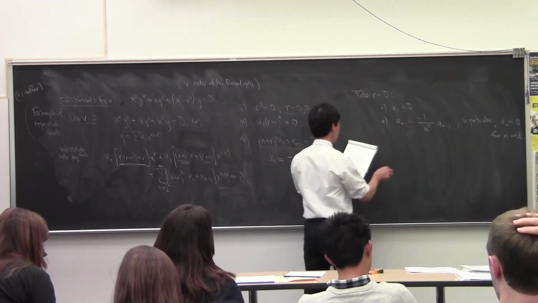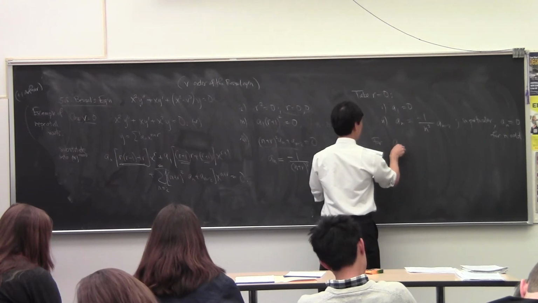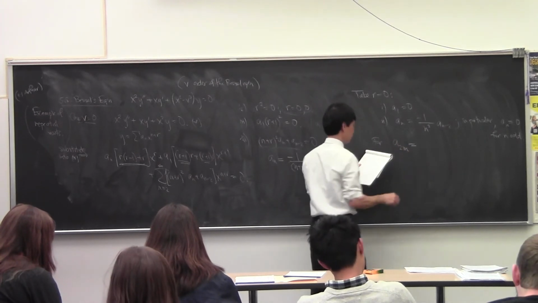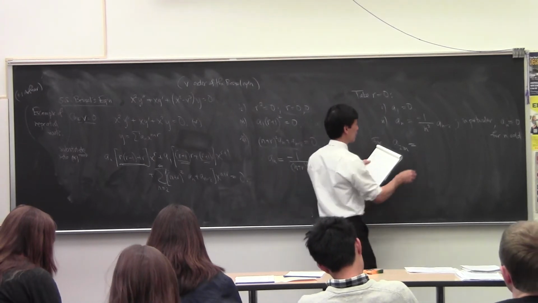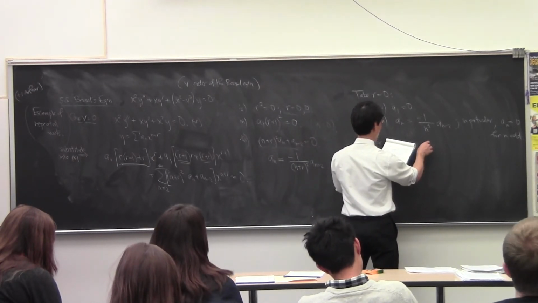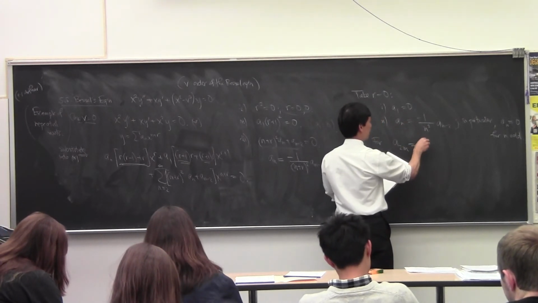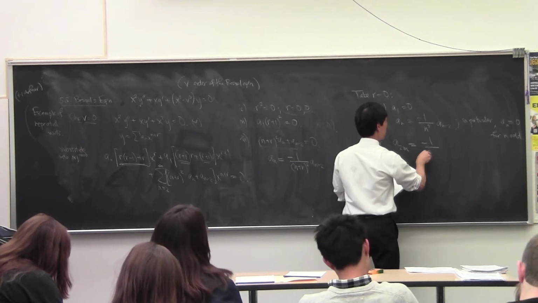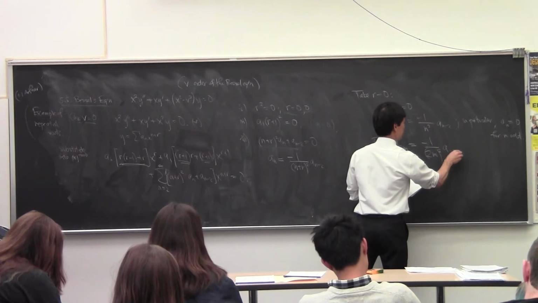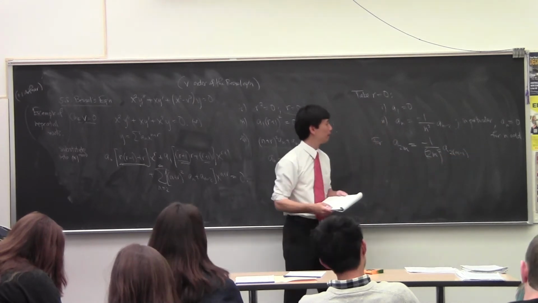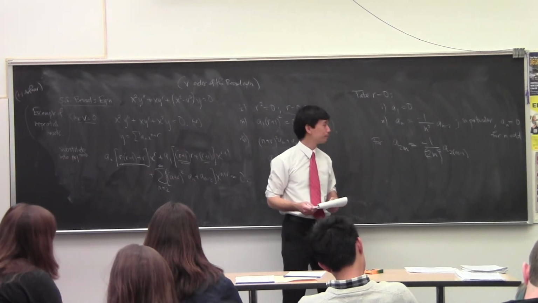For n even, a sub 2m, if you work it out, you see what happens. If we step down, a sub 2m is going to be 1 over (2m) squared times a sub 2(m minus 1), just as we did before.